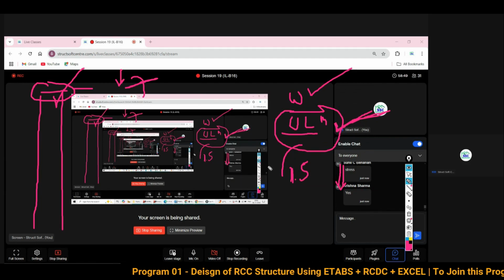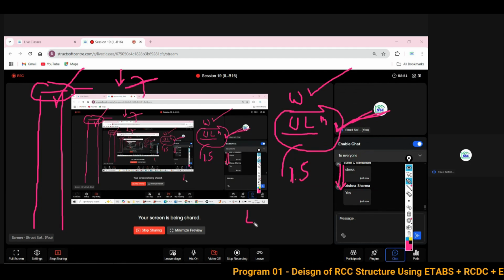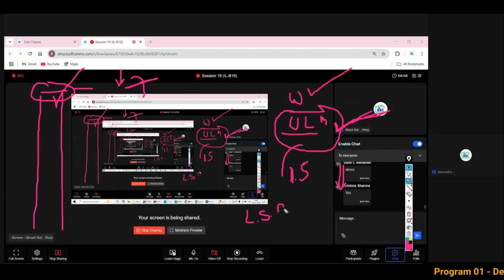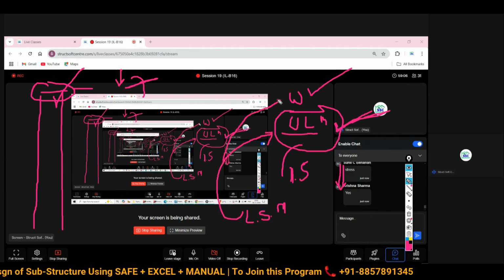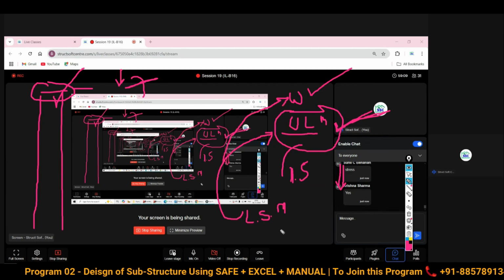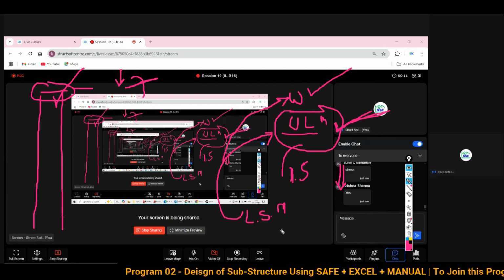So now the third method was invented, the limit state method of design. In this method, all the advantages, the right things of the ultimate load method and the working stress method, are taken into account in making the final design approach.